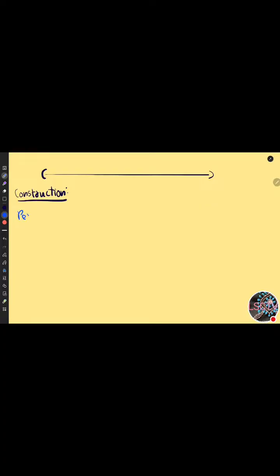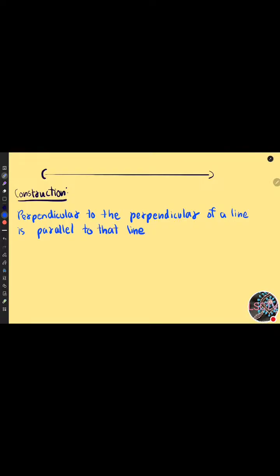See, basically, perpendicular to the perpendicular of a line is parallel to that line.